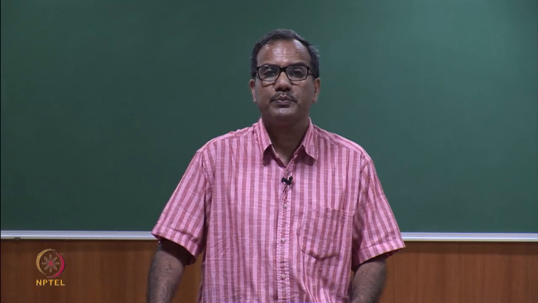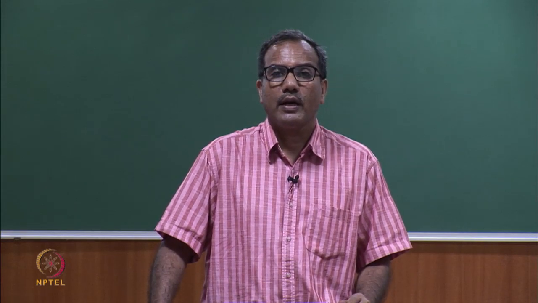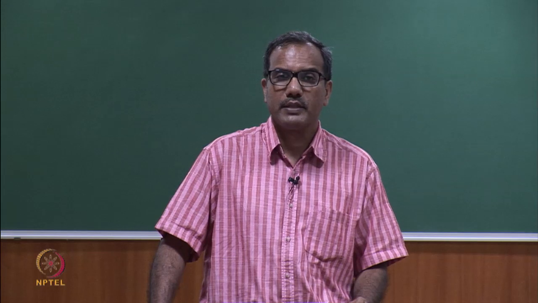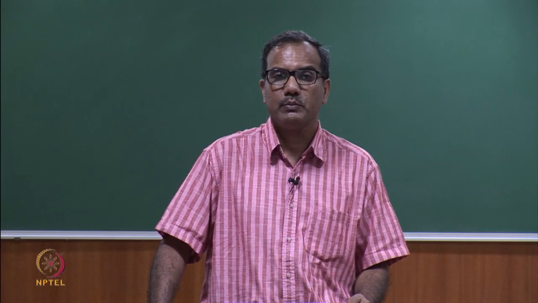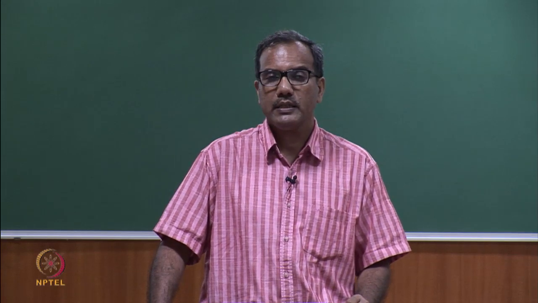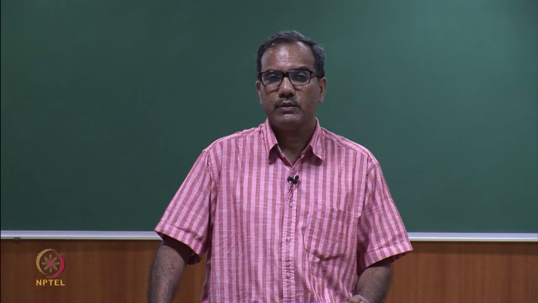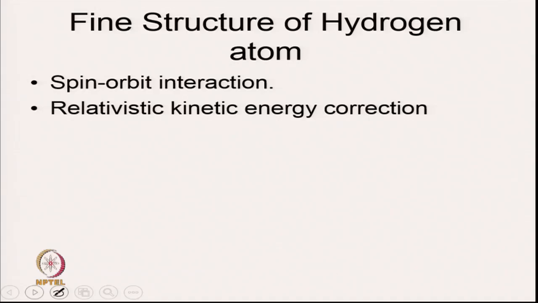But if you look at the hydrogen spectra in more detail, you will see that there is splitting of the orbitals, and corresponding to that you have a fine structure of hydrogen atom. The fine structure is due to two things: spin orbit interaction and relativistic kinetic energy correction.